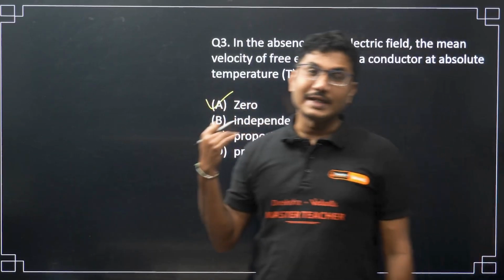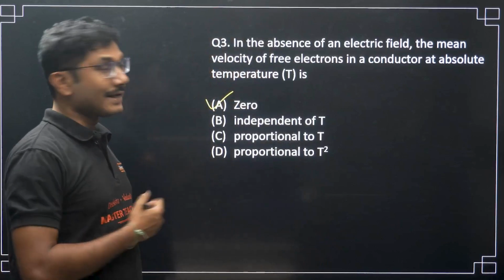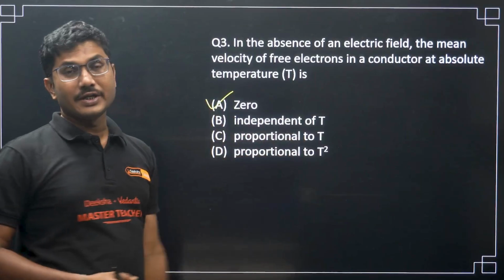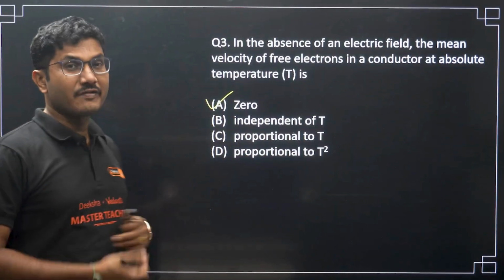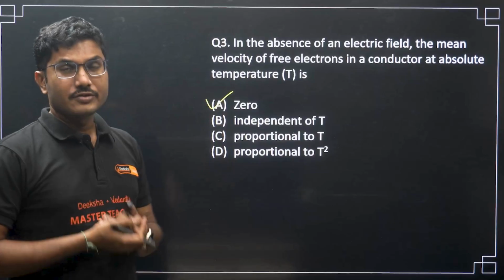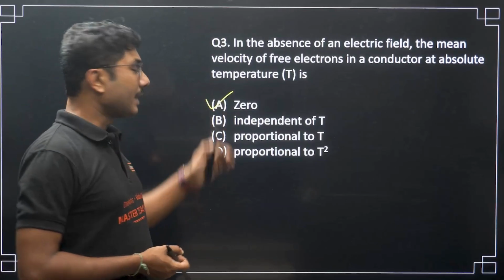It is independent of temperature and it will always be 0. So 0 is more correct than independent of T. 0 is a specific value, so you have to mark 0, not independent of T. Even though it is independent of T in the absence of electric field, you have to mention that it is 0.